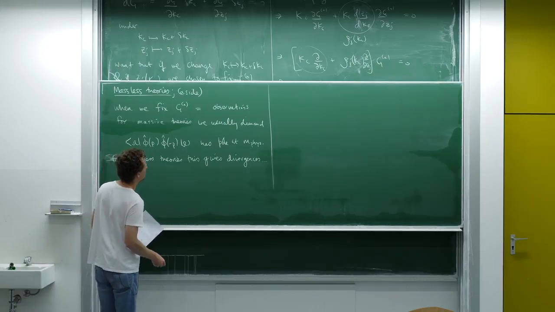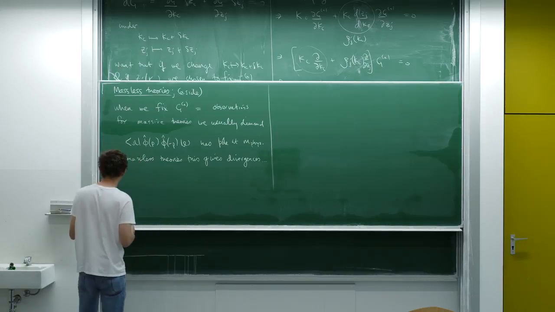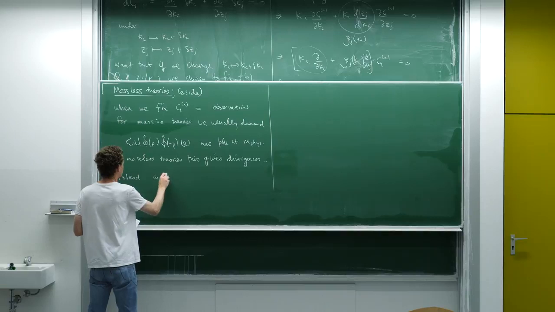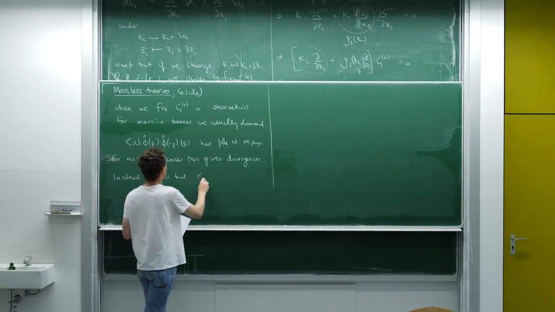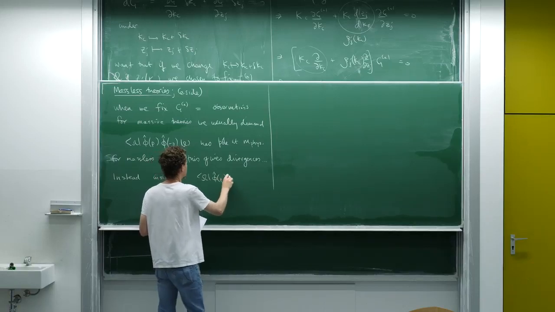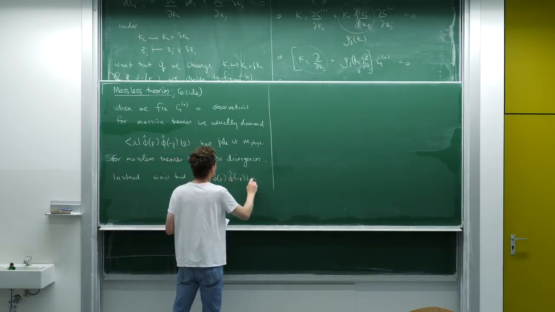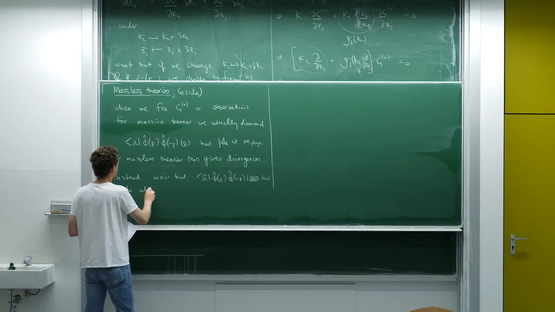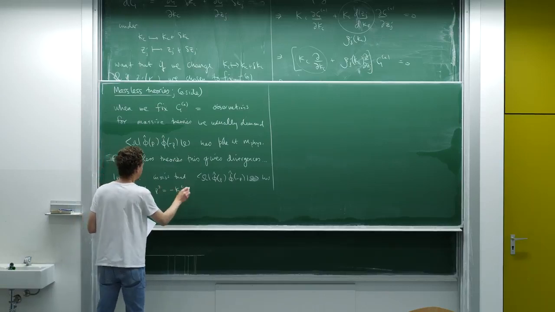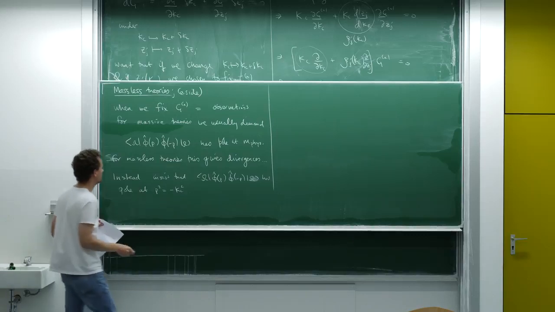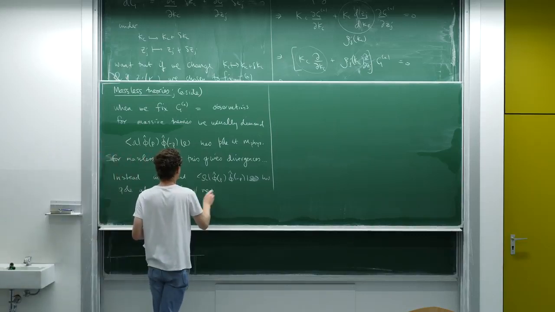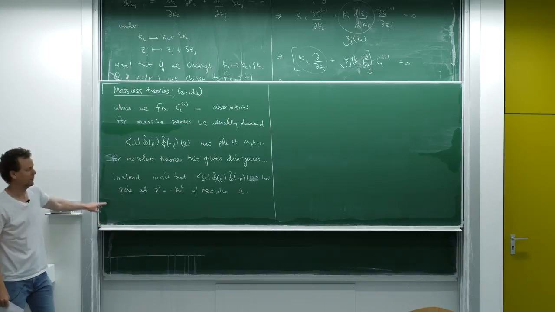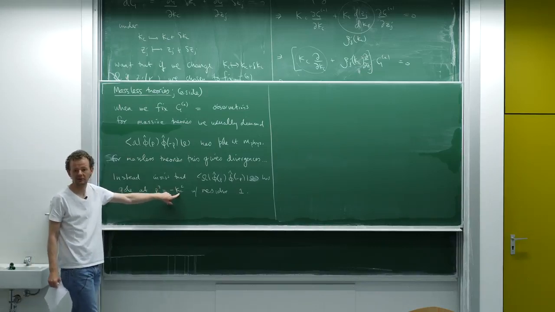And so there's a kind of compromise that people usually employ, and that is we demand that the two-point function has a pole at negative space-like momenta.